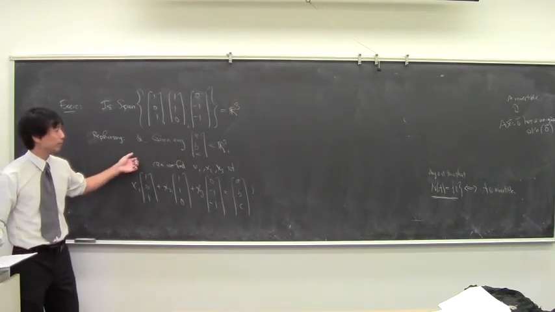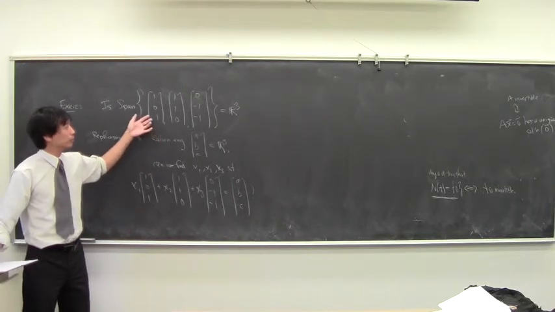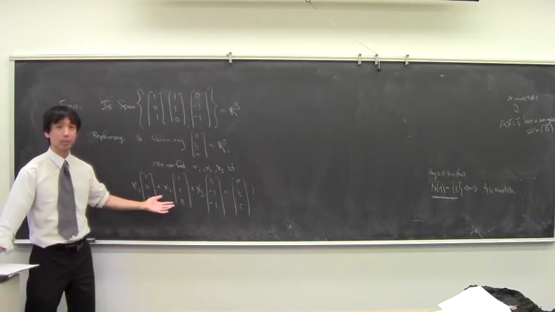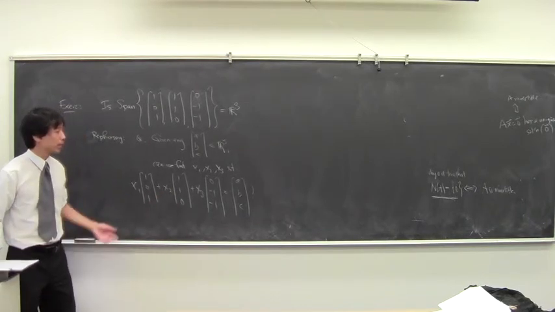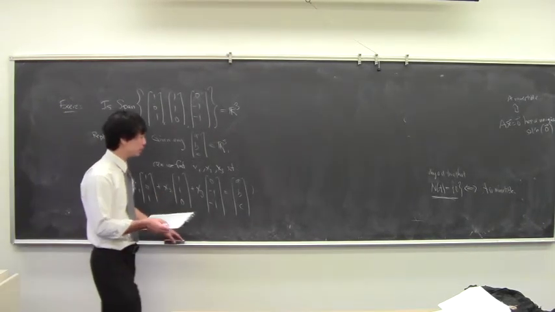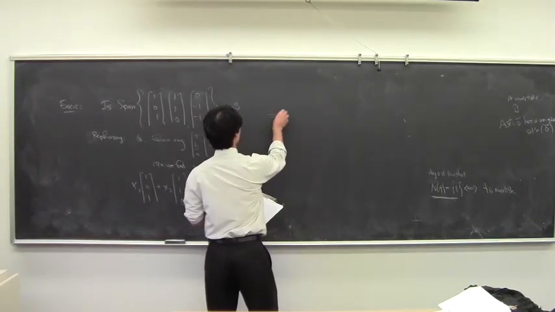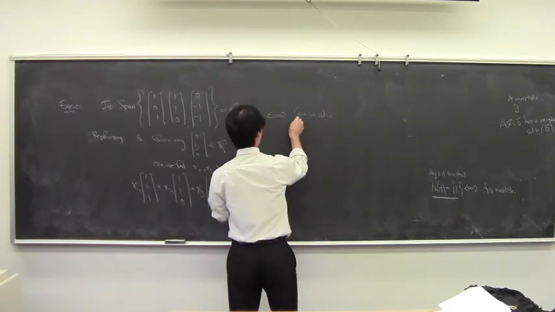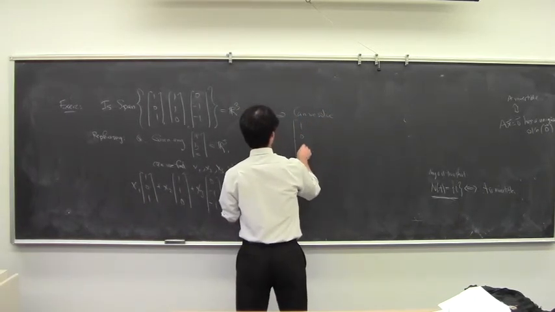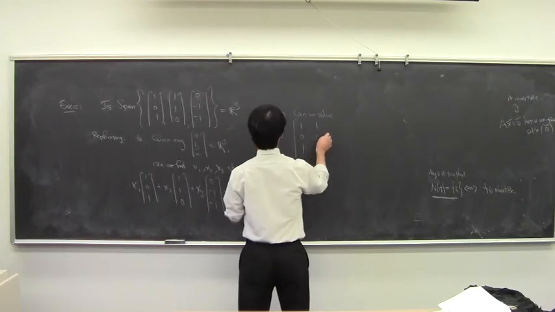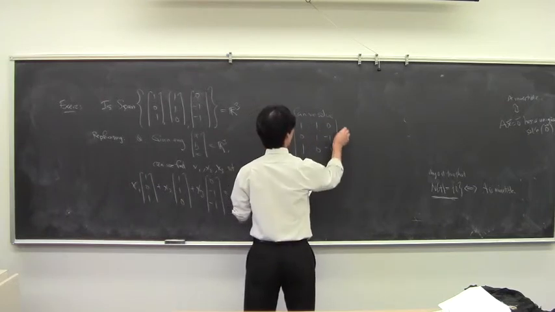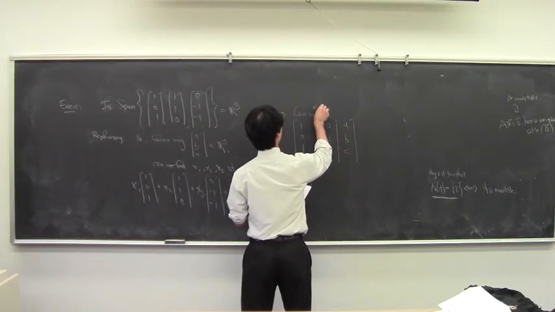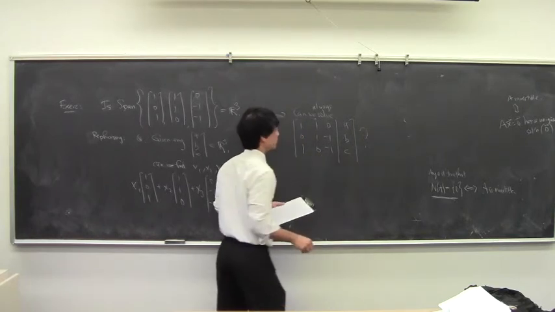That's what span means. Can we realize anybody in space as a linear combination of these guys? And so again, this boils down to solving a system. Can we always solve this system?